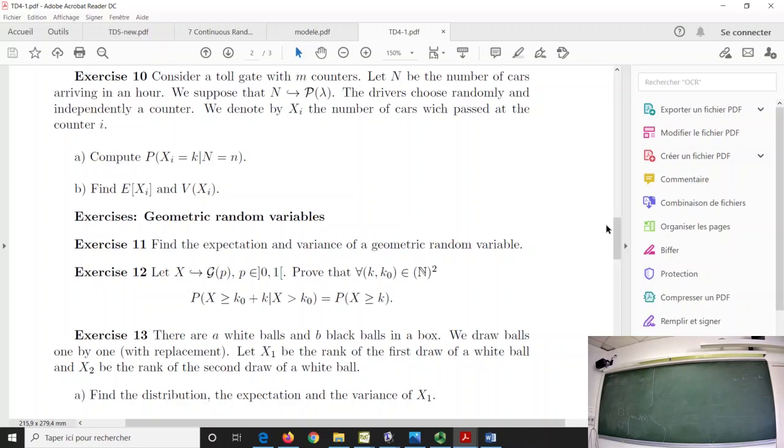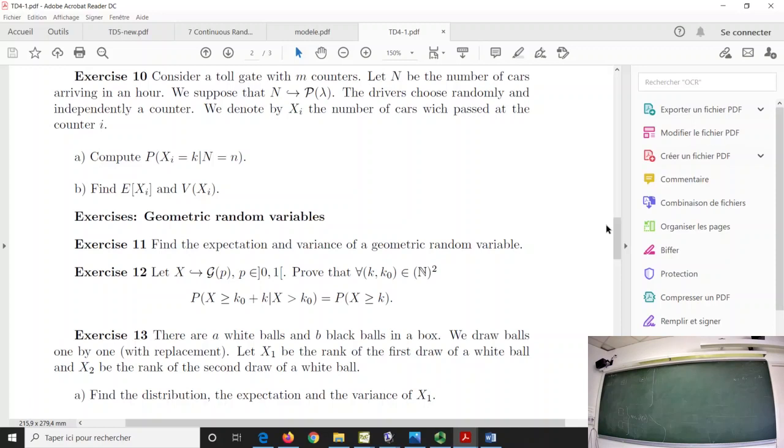I have never defined a Poisson as an average of something. But lambda is the average also. It's the average of capital N, yes. So I don't say that it's false, I say that I miss the argument here. And typically what I want you to compute is not this one first.